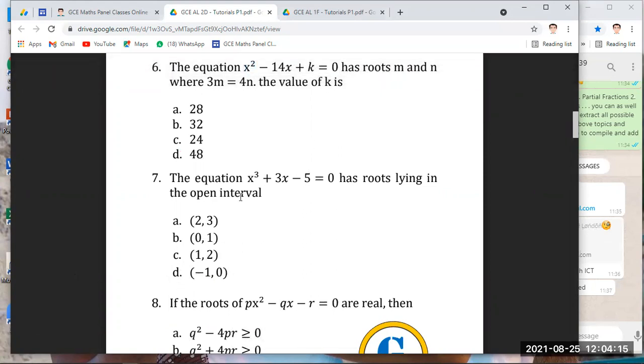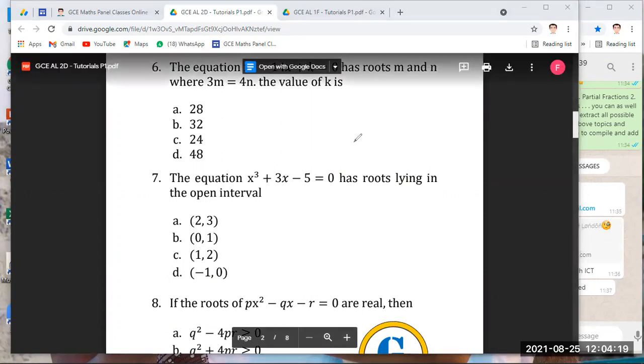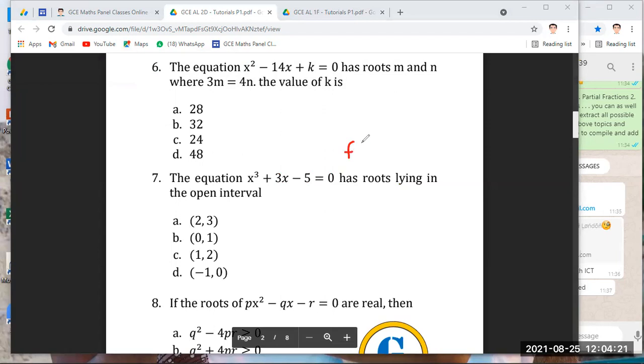An equation will have a root in an interval AB if f of A, this A is the first number, like for example here, when you're using 2 and 3, or this 0. When f of A times f of B, B is the second number, when that product is less than 0.